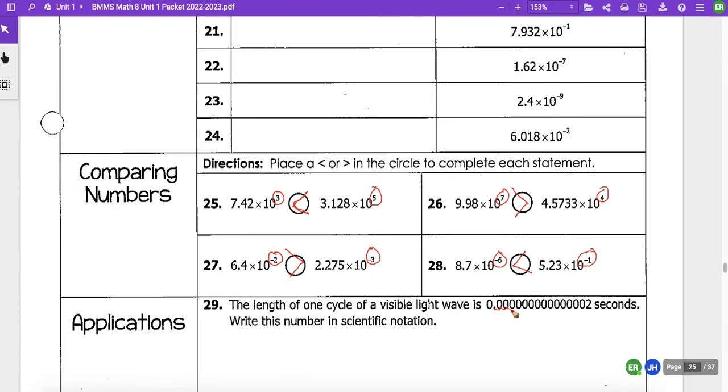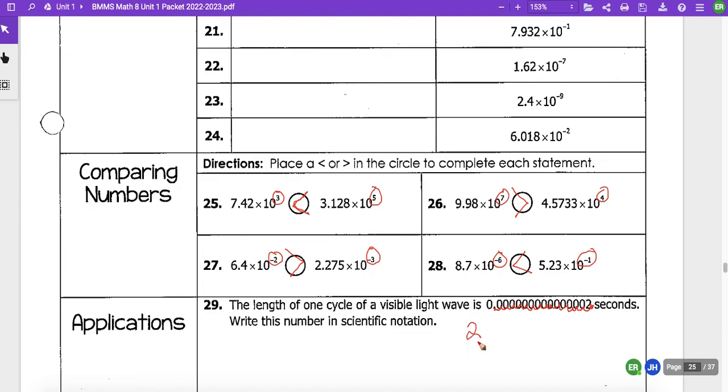So 1, 2, 3, 4, 5, 6, 7, 8, 9, 10, 11, 12, 13, 14. I'm still not there. 15. I have to go all the way here to get one number other than 0 to the left of the decimal. So this is 2.